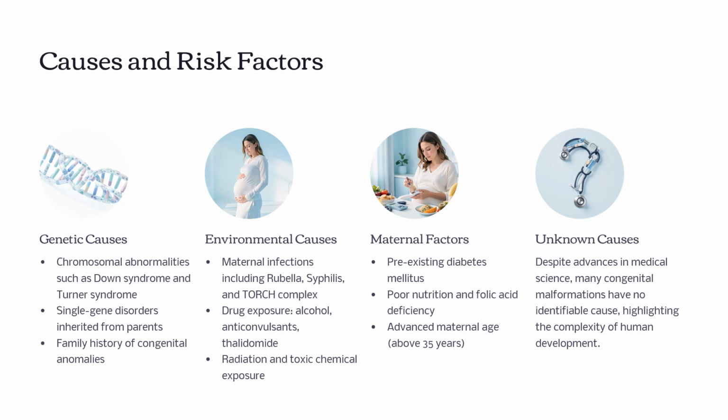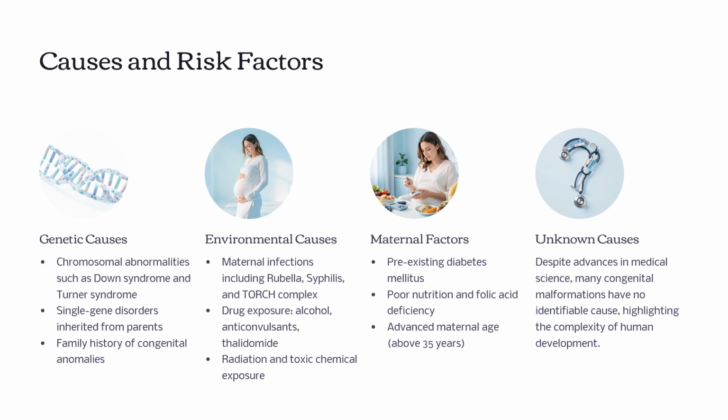The second is environmental causes: maternal infections like rubella, syphilis, the TORCH complex, and drug exposure of the mother, especially alcohol, anticonvulsant drugs, and thalidomide. Radiation and toxic chemical exposure of the mother can also cause congenital anomalies.